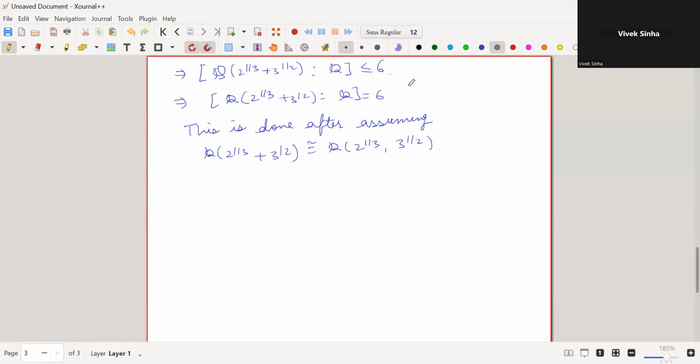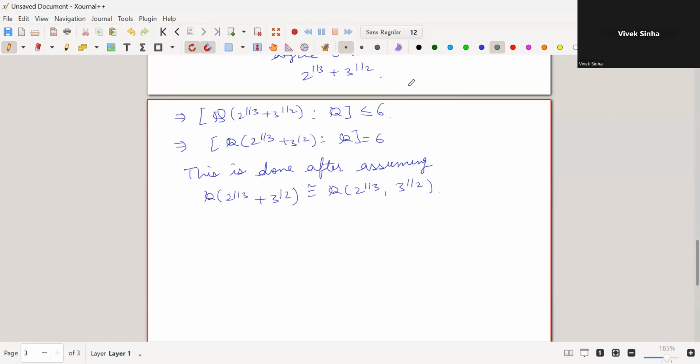Sir, the last step, that it is less than or equal to 6, and then it is equal to 6, how is that coming? Because using this we have already shown that 6 divides the degree.